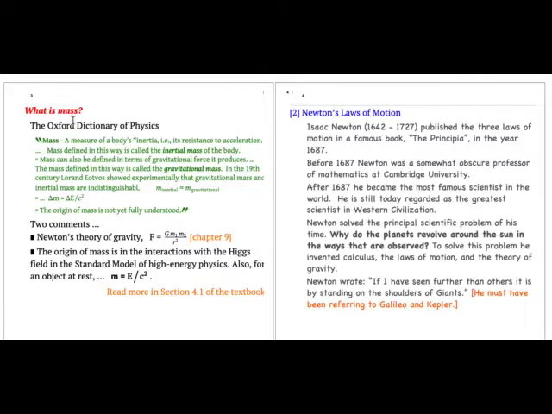Then the Oxford Dictionary of Physics, at least the copy of it that I have, which is somewhat old, adds one more statement. The origin of mass is not yet fully understood. That was in the Oxford Dictionary of Physics, published probably sometime in the 1980s.